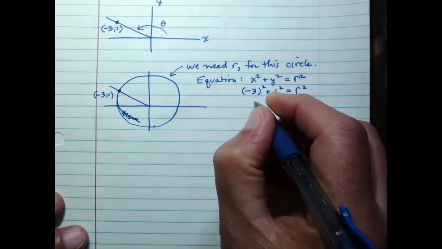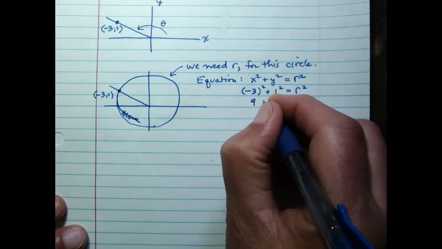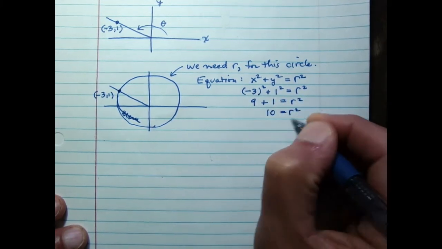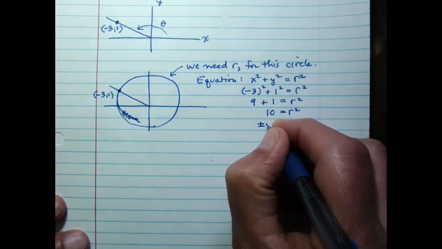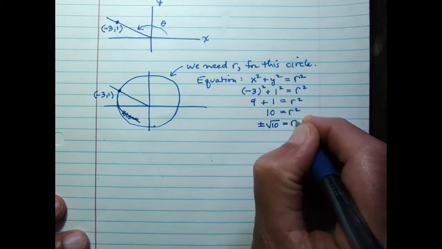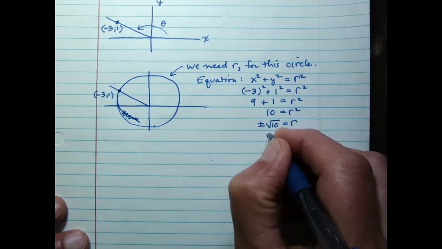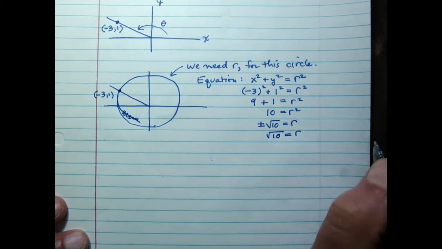Now its equation would be x squared plus y squared equals r squared. That's the form the equation takes for any circle centered at the origin. And we know -3, 1 has to satisfy that equation.